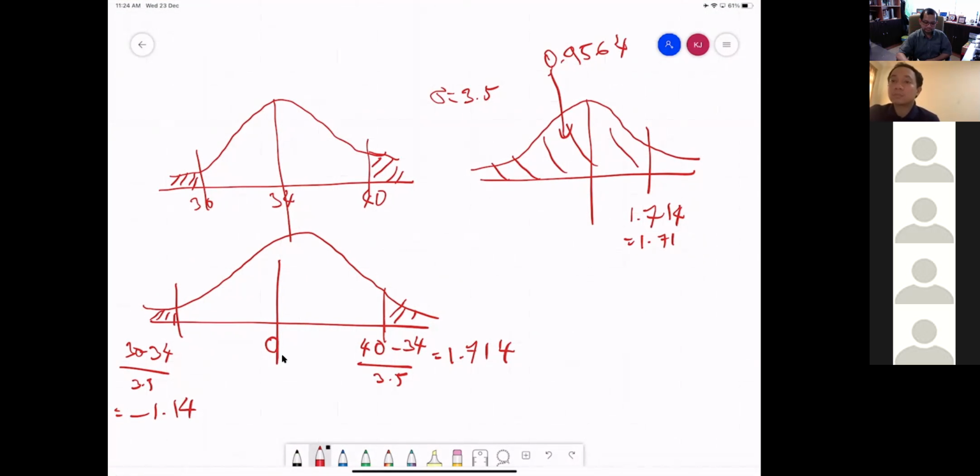So this area is equal to 1 minus 0.9564.